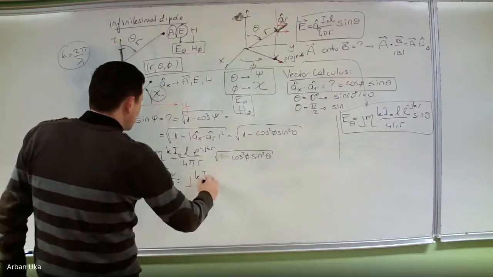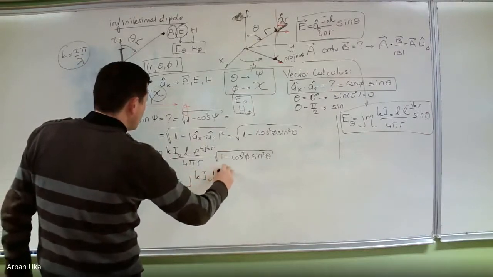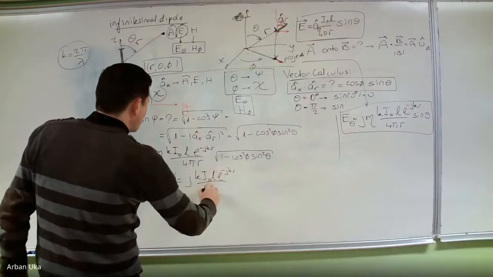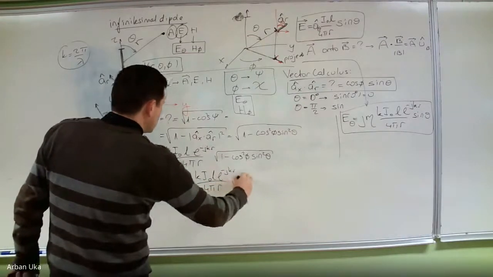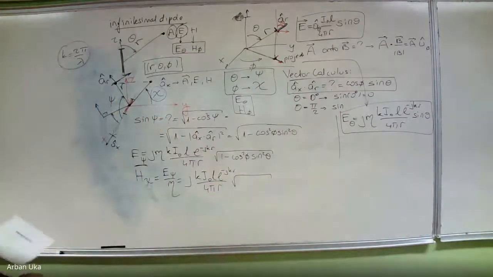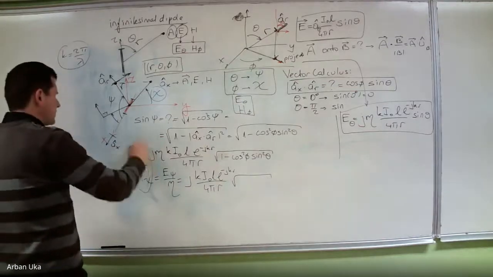This is k I0 L e to the power minus jkr over 4 pi r times the same square root. So this is going to be the field vectors.